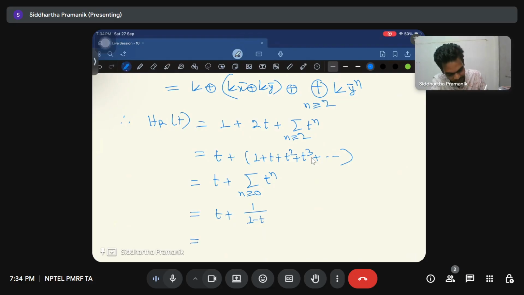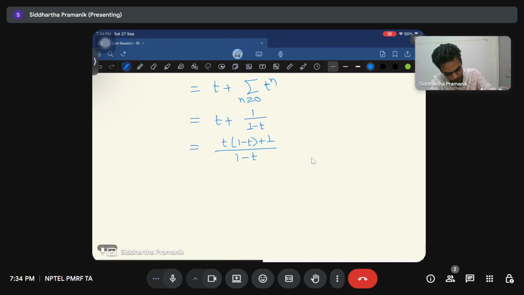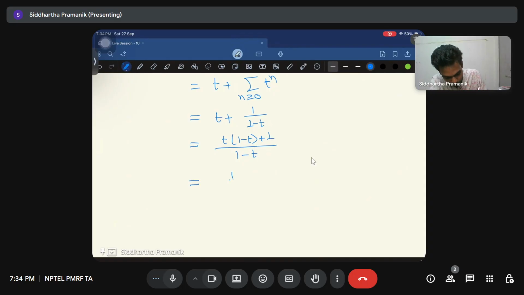So if we add this, this is t times 1 minus t plus 1, over 1 minus t. So this is the same as 1 plus t minus t square divided by 1 minus t. So this is the desired form. That means q R of t, which is the numerator, is 1 plus t minus t square.